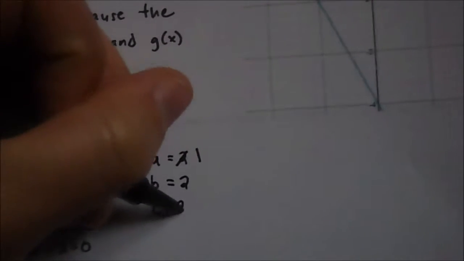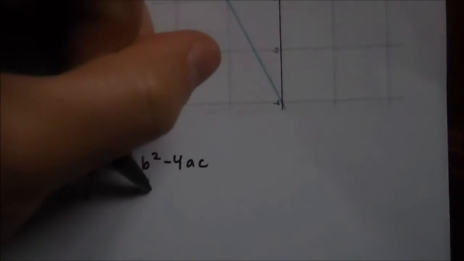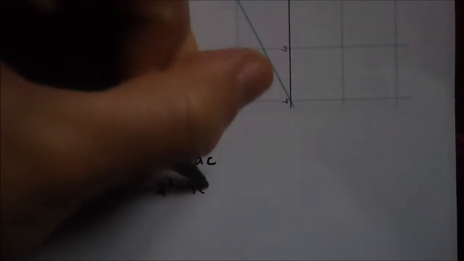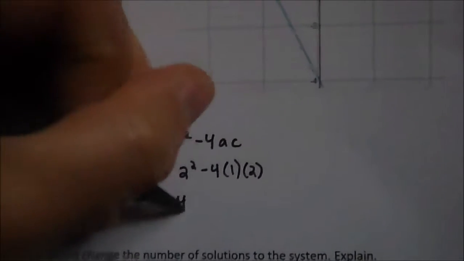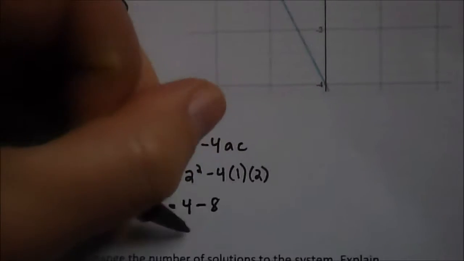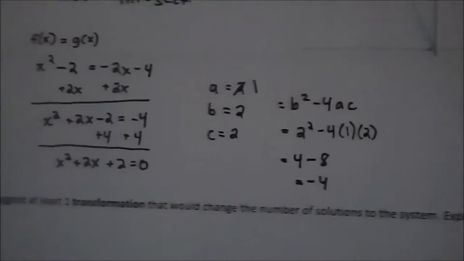So I know that a equals 1, b equals 2, and c equals 2. So my discriminant is b squared minus 4ac, 2 squared minus 4 times 1 times 2. And when I simplify this out, I get 4 minus 8, which is negative 4.